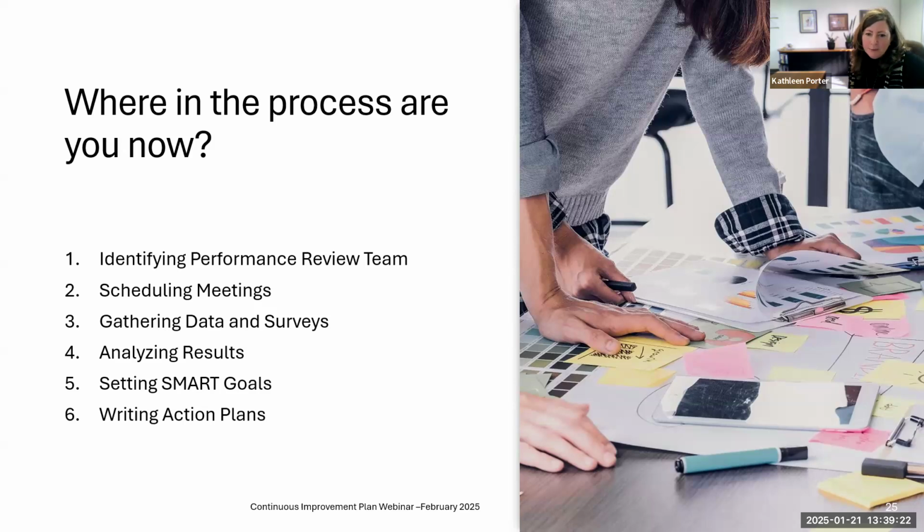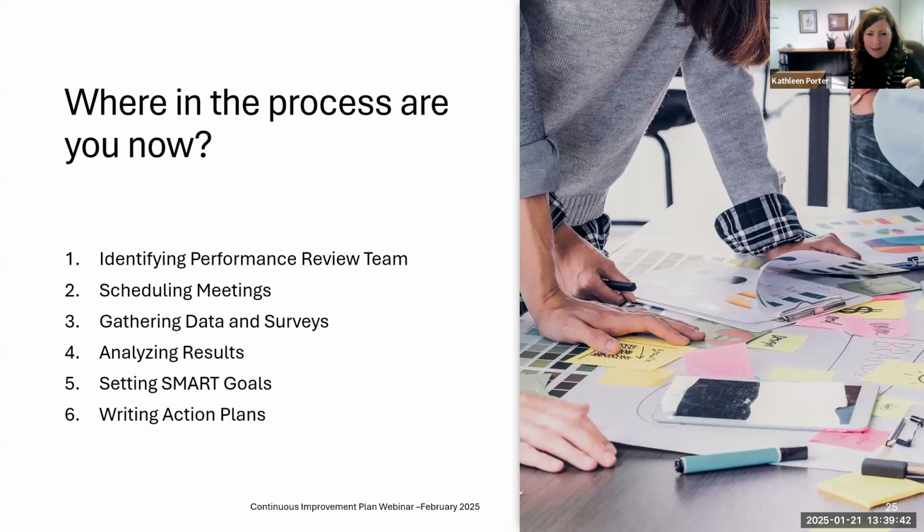Okay, so it looks like we have 35 of you who have reported so far, and the majority of us are between steps 2 and 3. We're scheduling meetings or we're gathering data. We have 1 of 37 that's already writing an action plan.